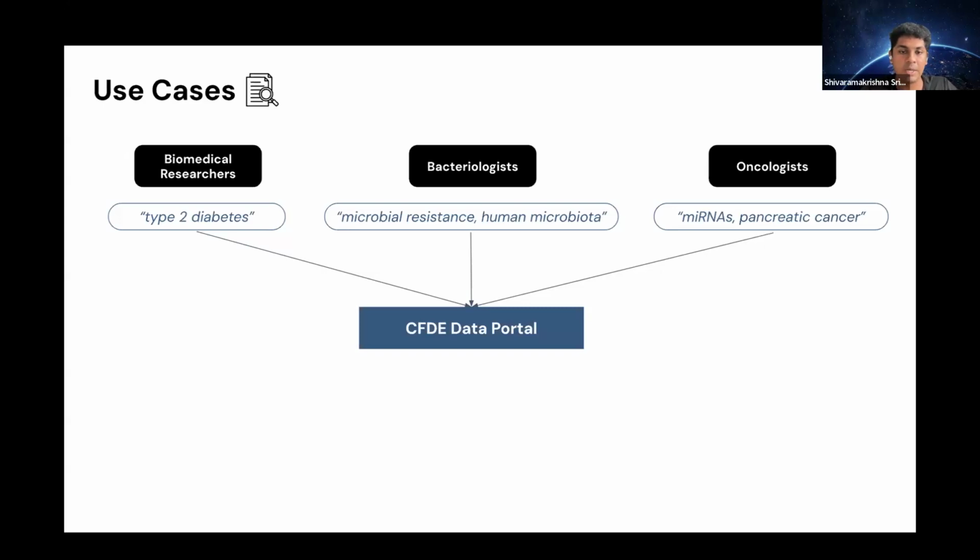On the other hand, there might be bacteriologists who wish to understand the role of microbial resistance in the human microbiota. And they may be looking for a very specific kind of data type. Similarly, oncologists may wish to look at microRNA data that is associated with pancreatic cancer.